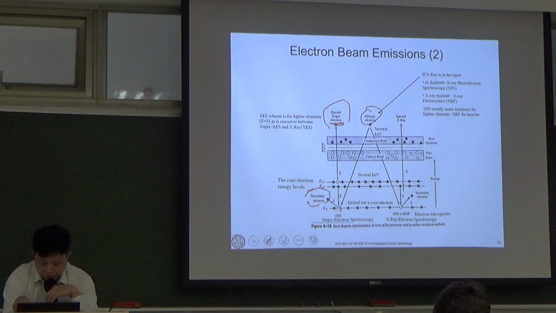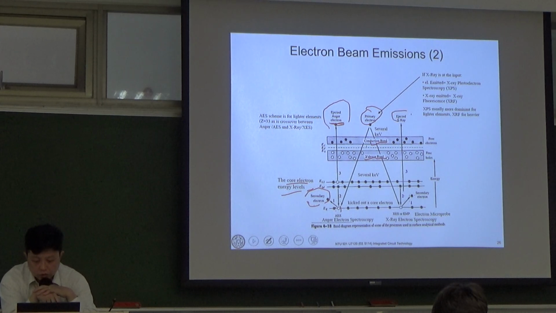Again, here this is the valence band and this is the conduction band. And here, what we talk about is the core electron energy levels. If the primary electrons hit, they can kick out these secondary electrons, and there's another possibility for an electron to come up and release energy with a photon, with X-ray.